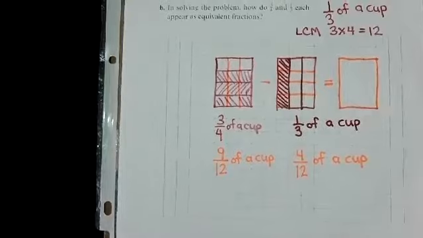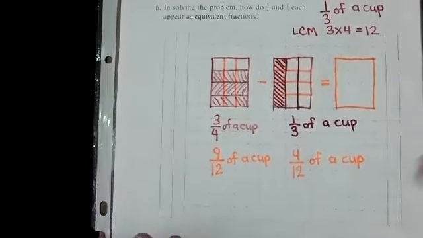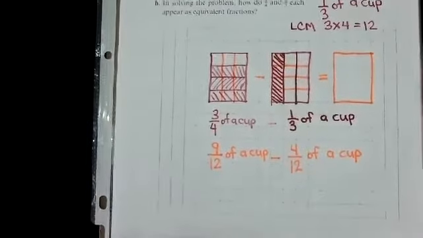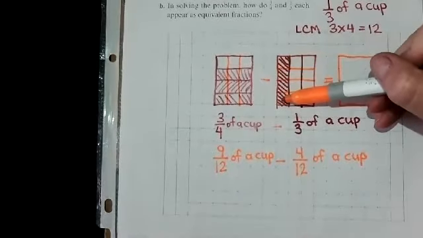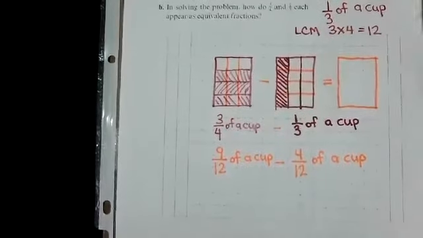So we have a 3 by 4 array representing 1 cup. If we are subtracting the second quantity out of the first, then what we want to do is erase 1, 2, 3, 4 of these shaded boxes.